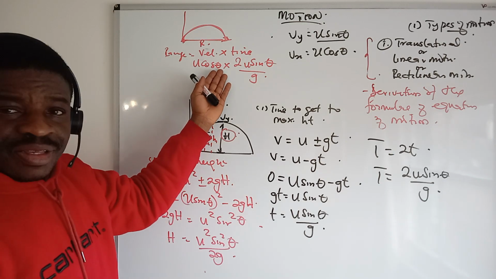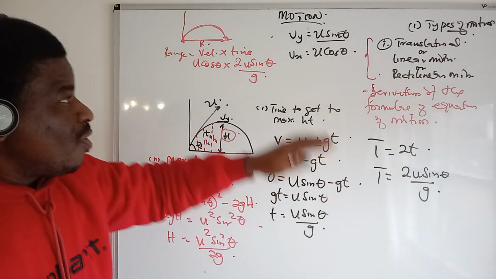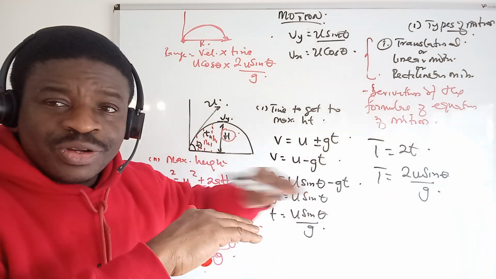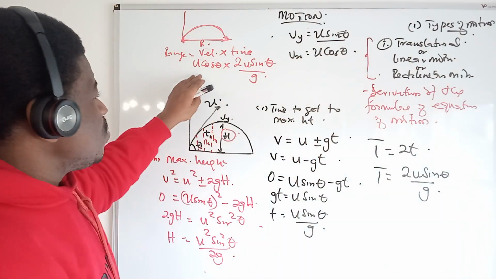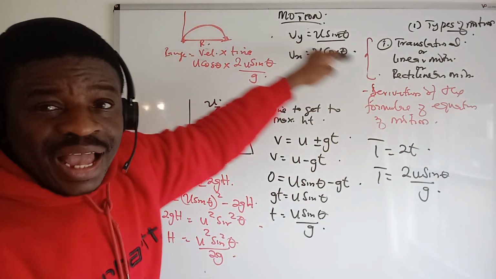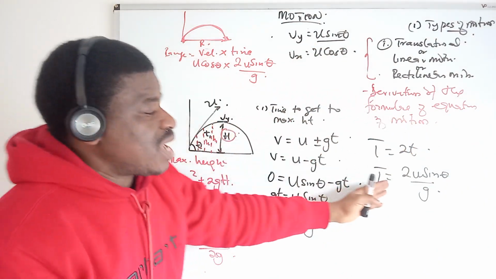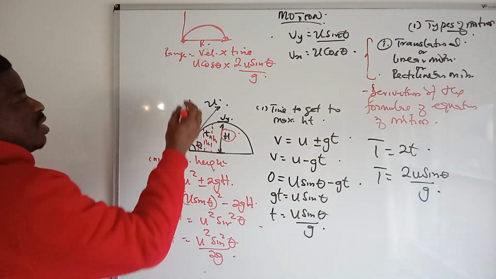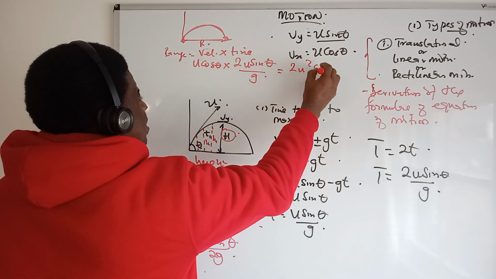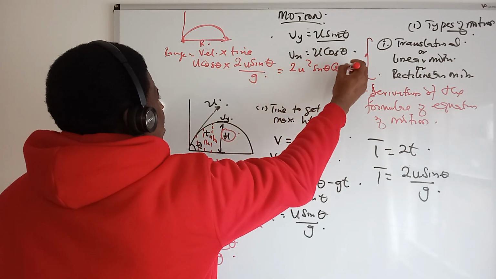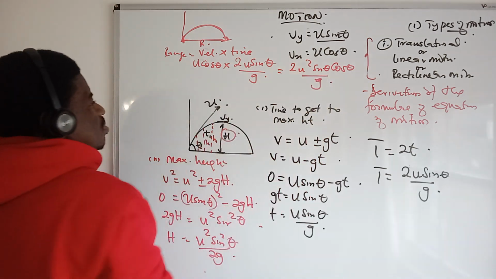It's not u sine theta, it's u cos theta, multiplied by the total time. So when you multiply this, you are going to have 2u squared sine theta cos theta all over g.